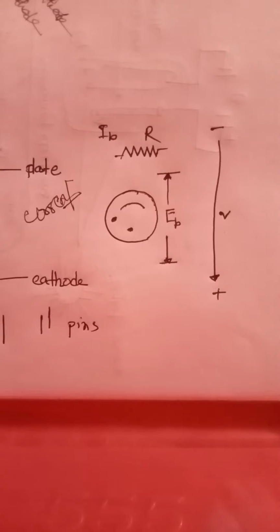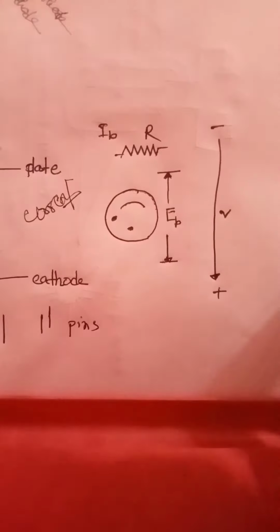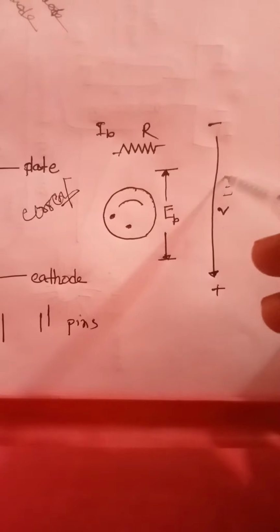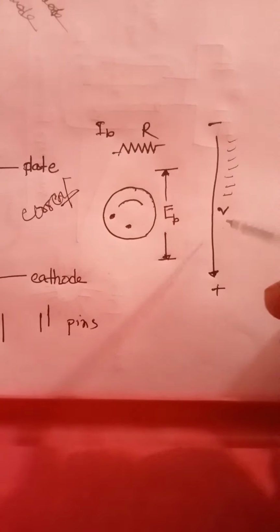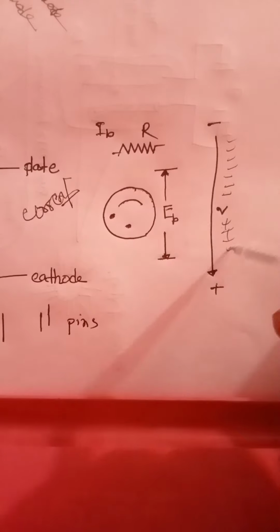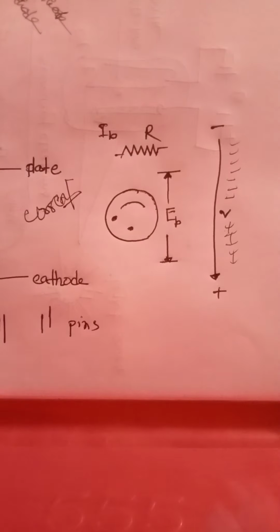Once ionization has started, it is maintained at an anode cathode voltage much lower than the ionization voltage. However, a minimum anode cathode voltage exists below which ionization cannot be maintained.